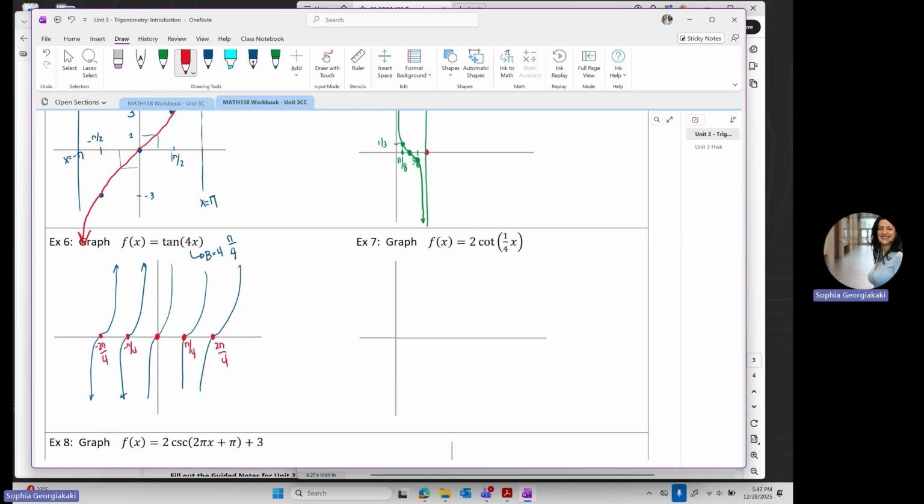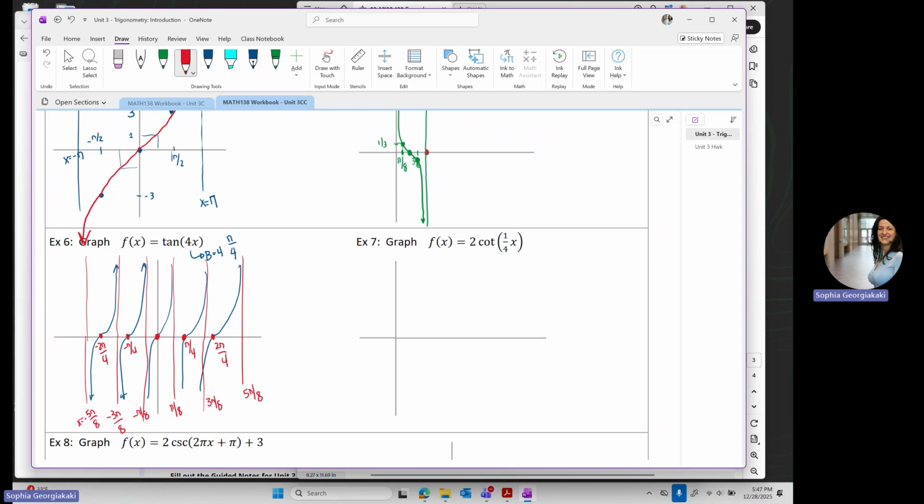And instead of having the asymptotes at pi over 2, I will have the asymptote at pi over 8 and -pi over 8, and then 3 pi over 8 instead of 3 pi over 4. So my graph shouldn't cross there. Your graph cannot touch the asymptotes: 3 pi over 8, 5 pi over 8, etc. Odd multiples of pi over 8, same thing here, -3 pi over 8, x equals -5 pi over 8. That's what's going to happen to this.